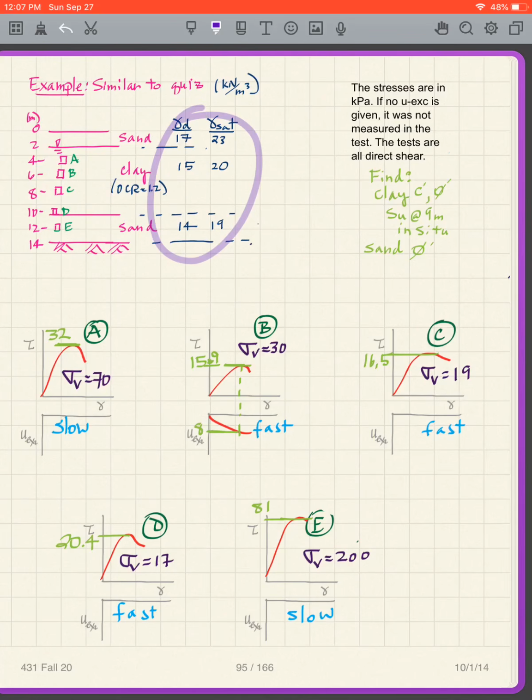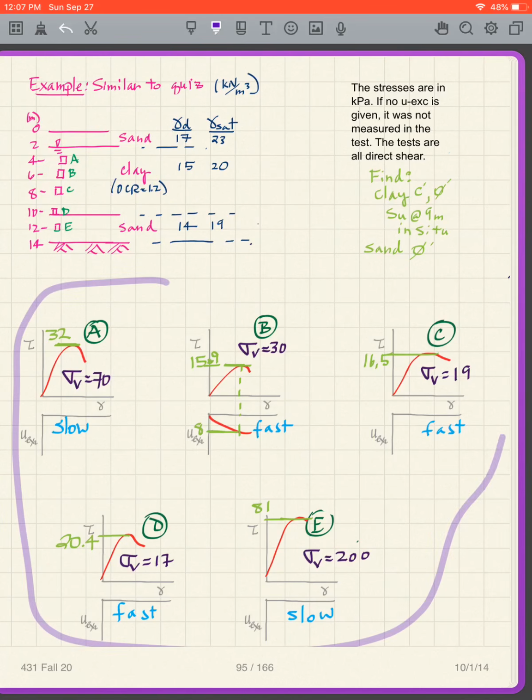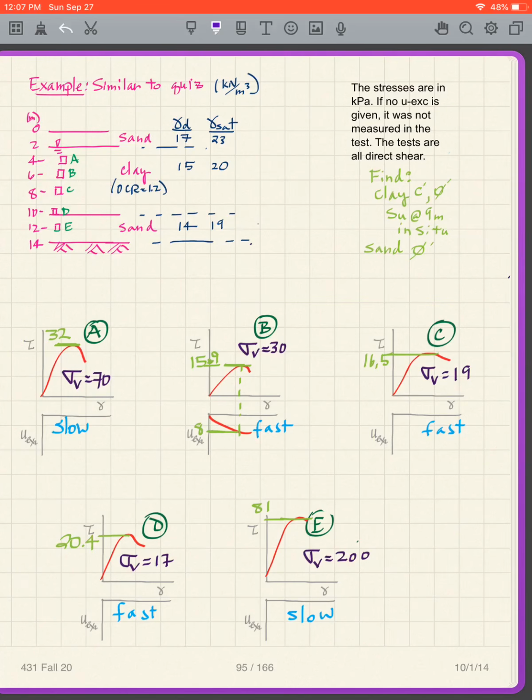Here are all the densities of these soils, and then direct shear tests were run, and these are my curves for each sample. So for this sample I got this result.